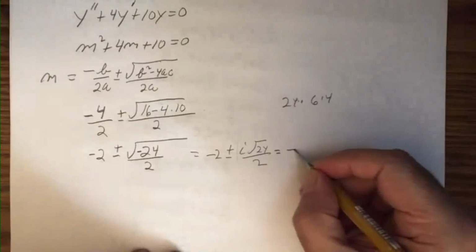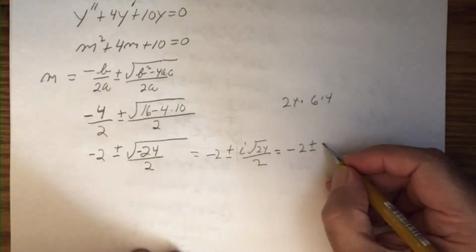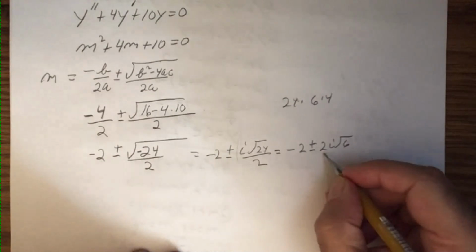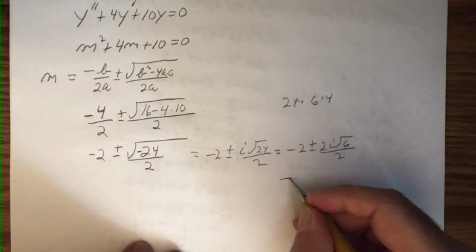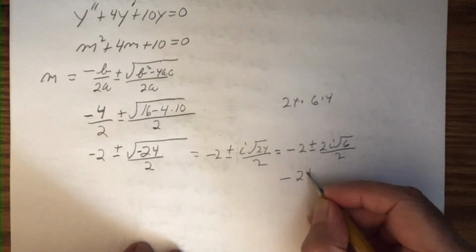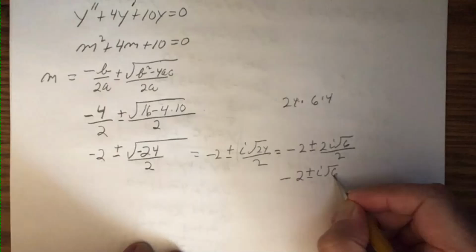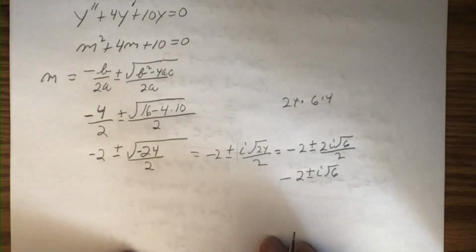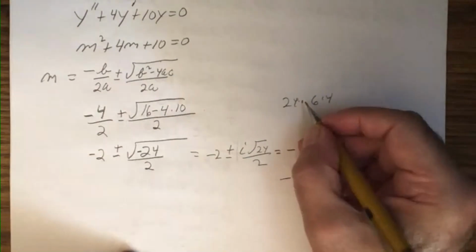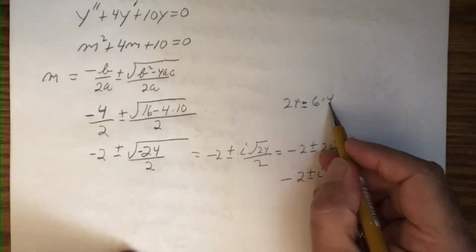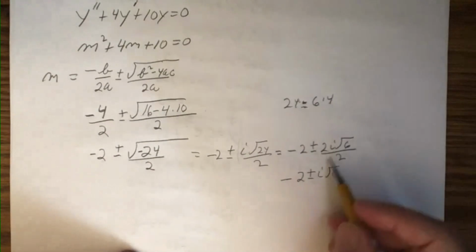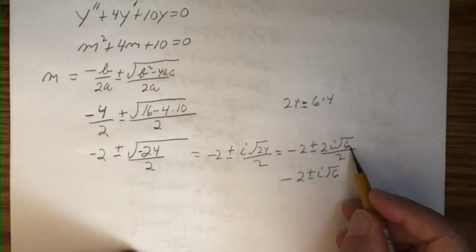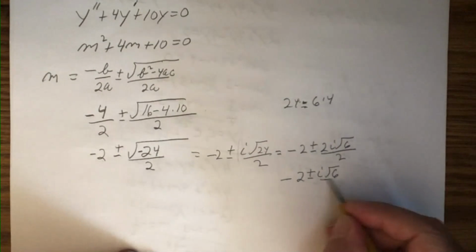Then the square root of 4 is 2. So I'm writing it as minus 2 plus or minus 2i times the square root of 6, divided by 2.